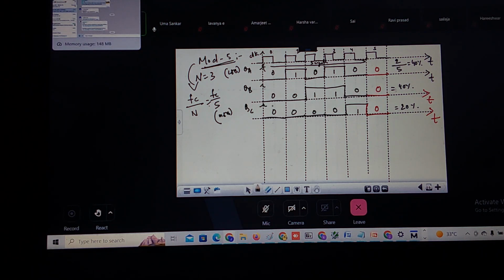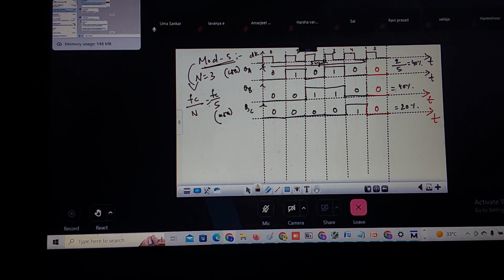Now this QC gives me FC divided by 5, but it does not give me a 50% duty cycle. QA gives me 40%, QB gives me 40%, and QC gives me 20%. The number of clock cycles required is 5. I want to make this a 50% duty cycle.